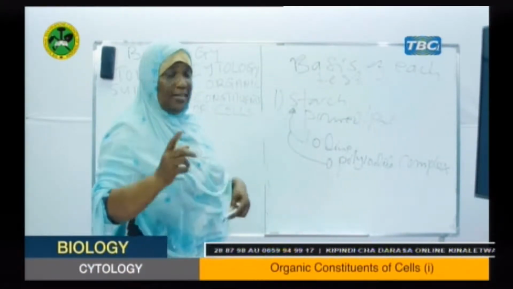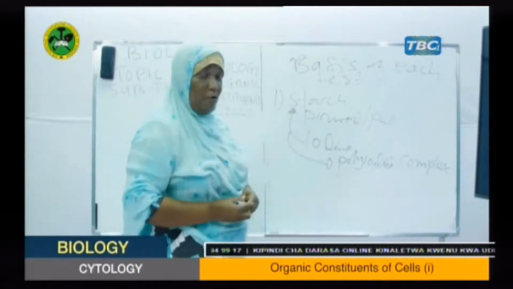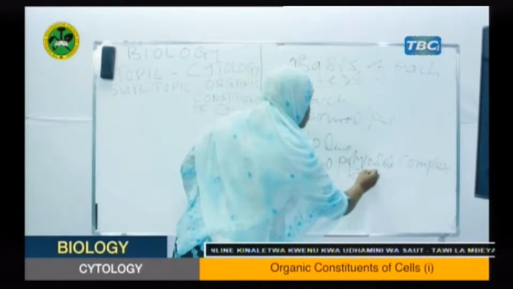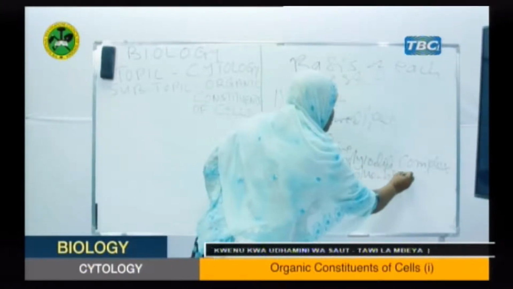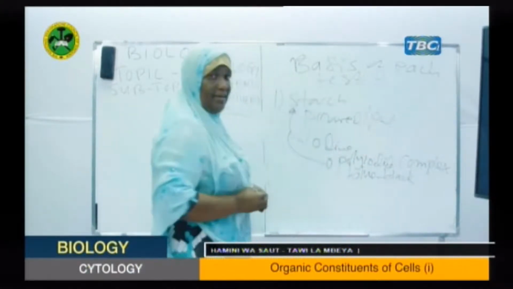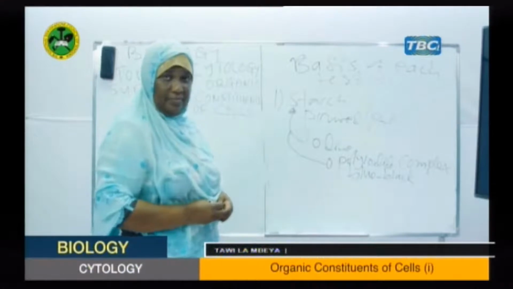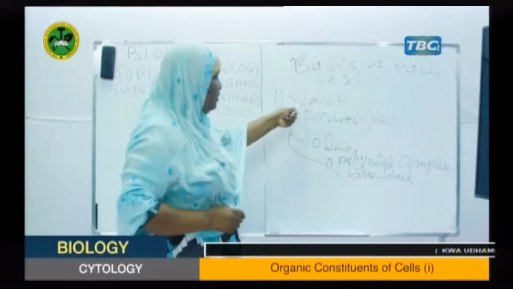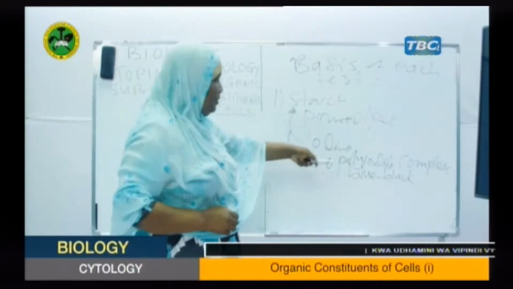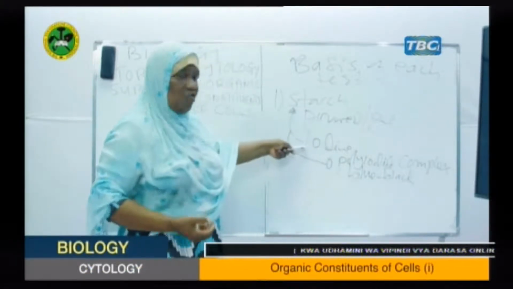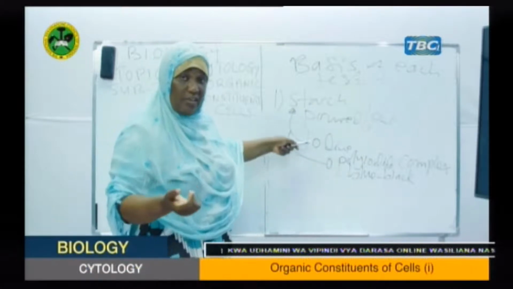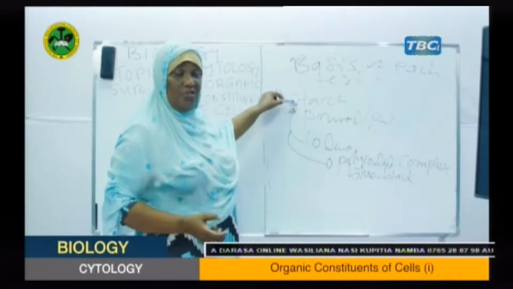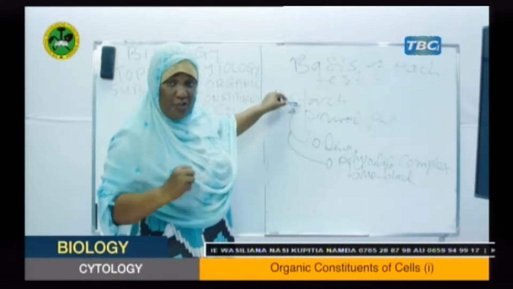Therefore, we expect to get the polyiodide complex, which is blue-black in color. That is the basis for starch. Iodine, which is found in iodine solution, reacts with the starch found in your sample solution.